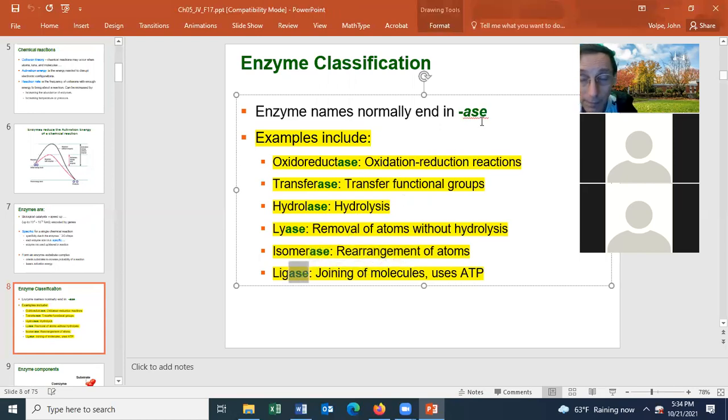Not all enzymes end in ACE, like renin is an older enzyme, and I think it was named before the ACE convention, but there are a few enzymes which don't end in ACE, but most of them do end in ACE. You do not need to know the examples. I'm just showing you some different examples of enzymes.